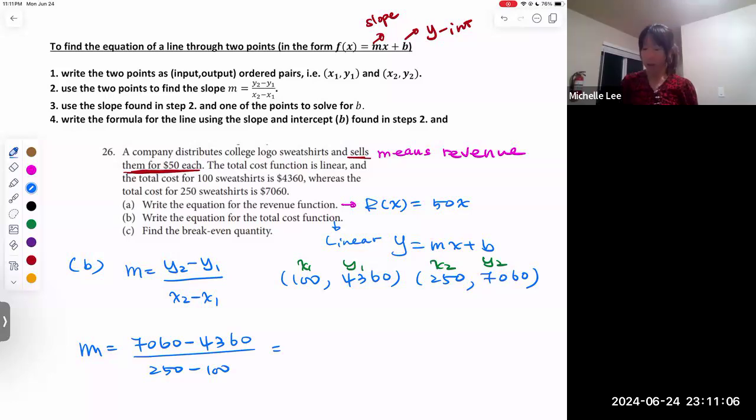The numerator is 2,700 over 150. If we calculate this, we get 18.